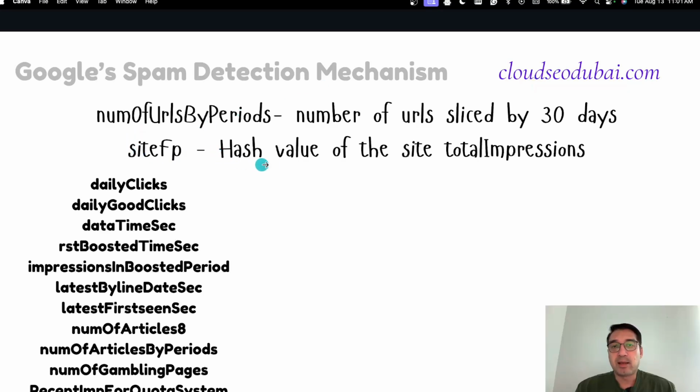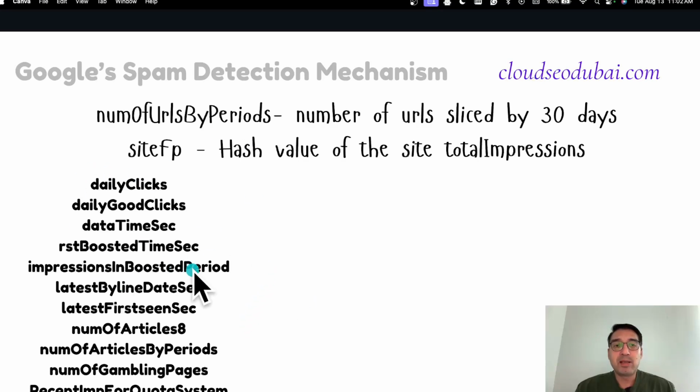Site FB is the hash value of the site's total impressions. Then there are the ad factors, and this is really self-explanatory, it's part of the API. So it's daily clicks, daily good clicks, date, time, second, return, boosted time, second, impressions, and boosted period. Latest byline date section, latest first seen section, number of articles, number of articles by period, number of gambling pages, and this is a gambling-specific algorithm, I guess, and a recent import for the quota system.